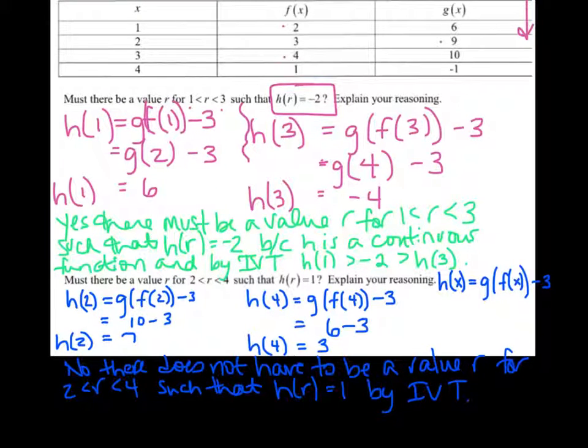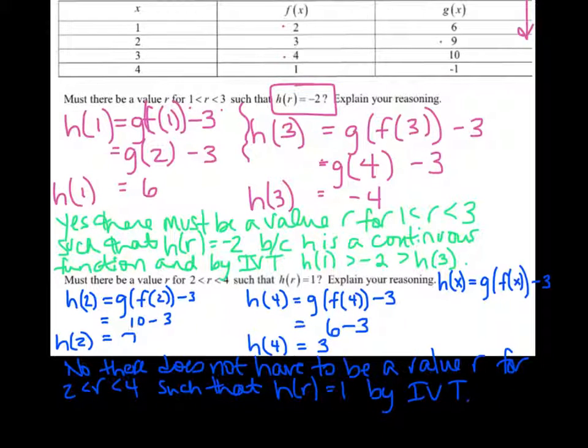Okay, so let's compare our work, yours and mine. If you look here, it says must there be a value for r between 2 and 4. So those are the x values that I had to plug into my given function for h. So I evaluated g of f of 2 minus 3.